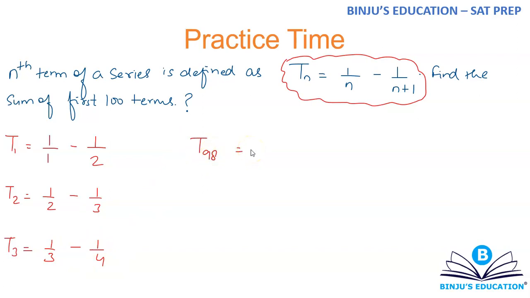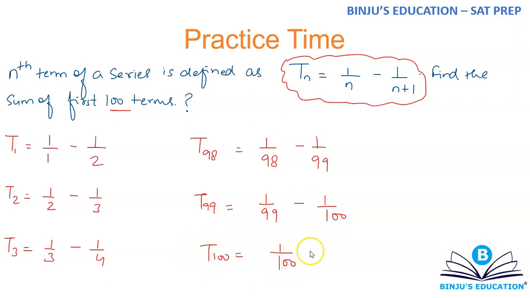I'm writing the last three terms, okay, because it says the first 100 terms. So that is 1 by 98 minus 1 by 99. 99th term is 1 by 99 minus 1 by 100, and 100th term is 1 by 100 minus 1 by 101. So this is how the nth term of a series helps you in finding out a specific term.